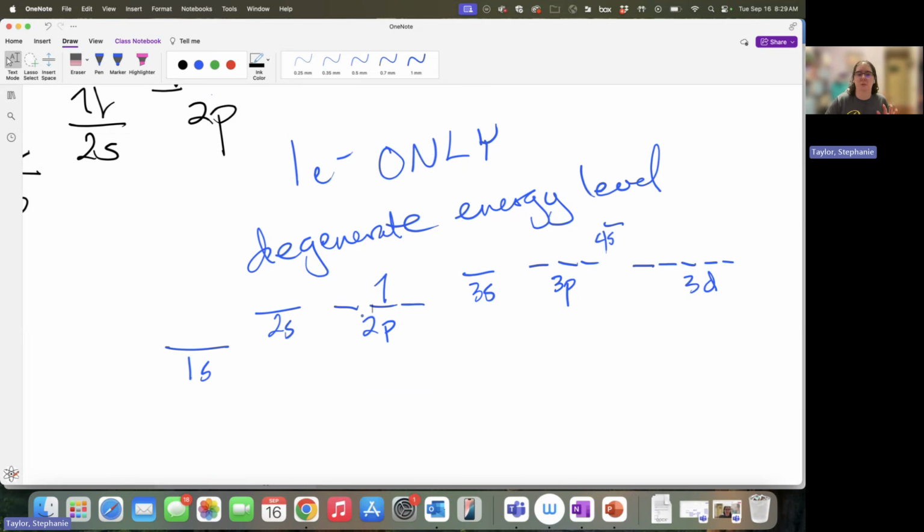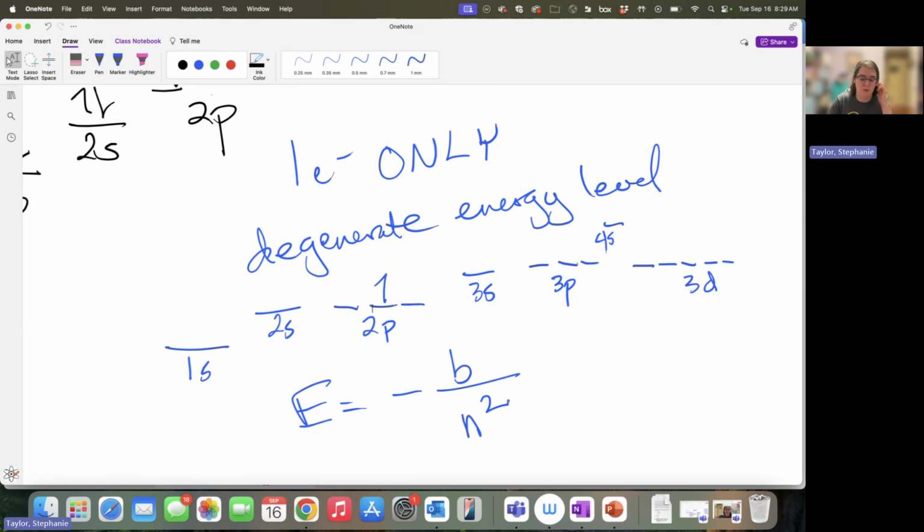But the reason why we care about this is the reason why we get to use the Bohr equation at all, because this still describes electrons in a hydrogen atom. It still works.